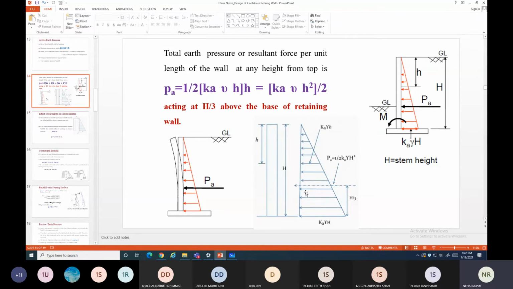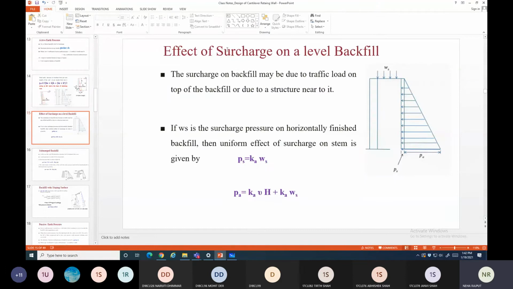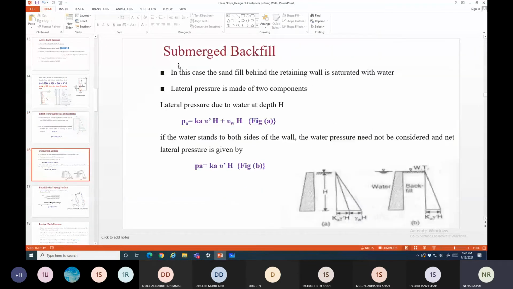The first one is the active pressure diagram due to only the soil mass at the hillside. Then due to surcharge, this will be the active pressure diagram, and this is the total active pressure acting. If the submerged soil is there, then this is the active pressure diagram for the submerged soil, and this one is the total active pressure due to submerged soil.